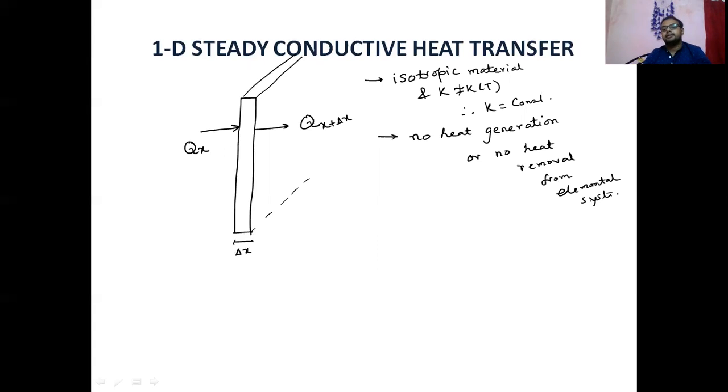In such cases, if you understand this thing, every calculation you will understand better. Try to understand this concept properly. Heat is coming in here, heat is going out. In between, there is no heat generation, and no heat is going out in a different direction, other than the x direction.